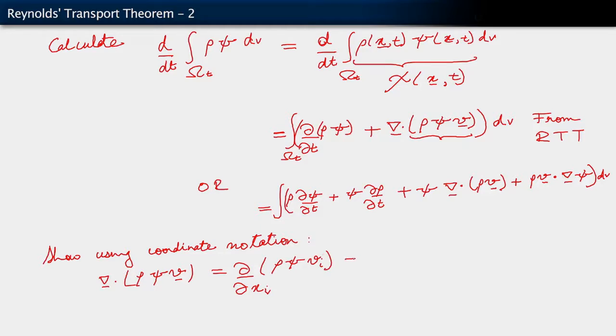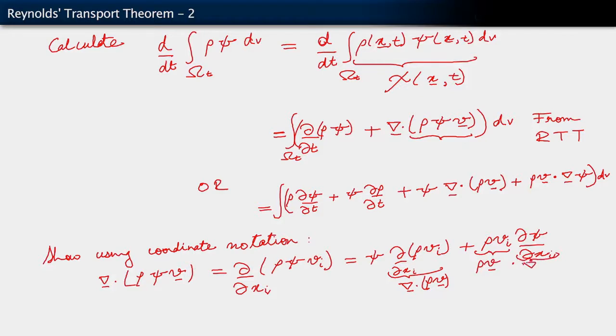So when we do this, we get psi times the derivative with respect to x_i of rho v_i, plus rho v_i times the derivative of psi with respect to x_i. Here we observe that the first is just the divergence of rho v, whereas the second is rho v dotted with the gradient of psi.